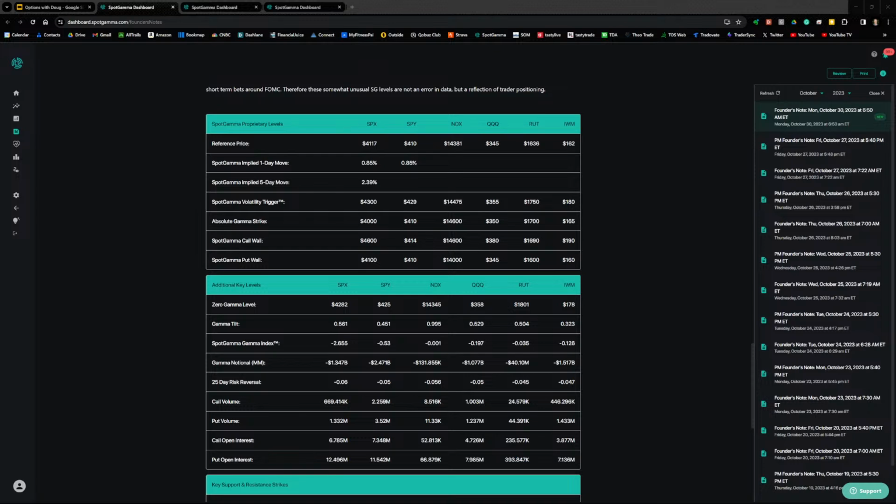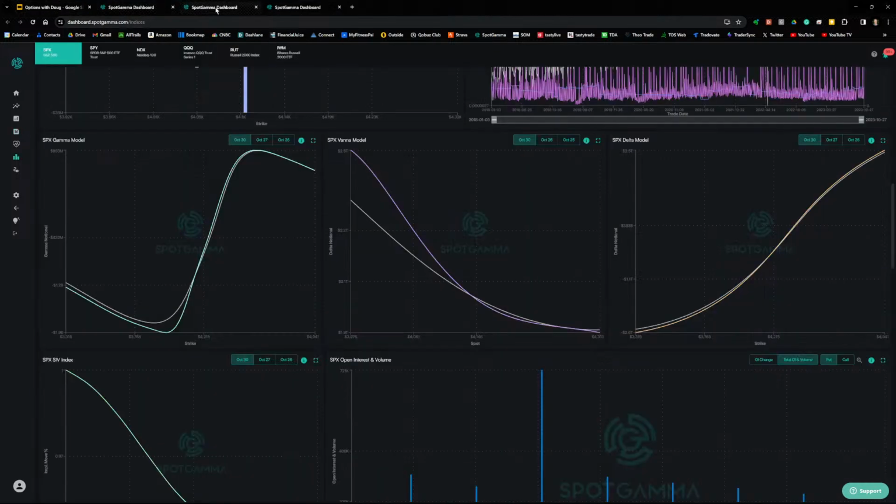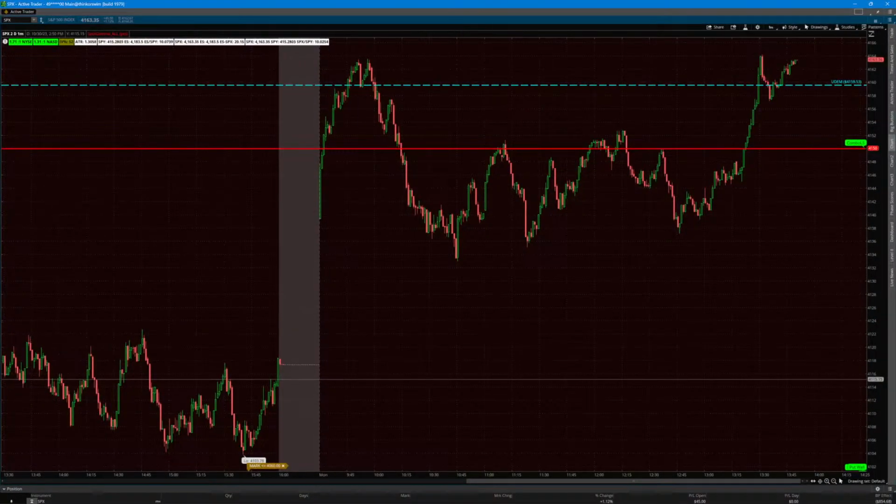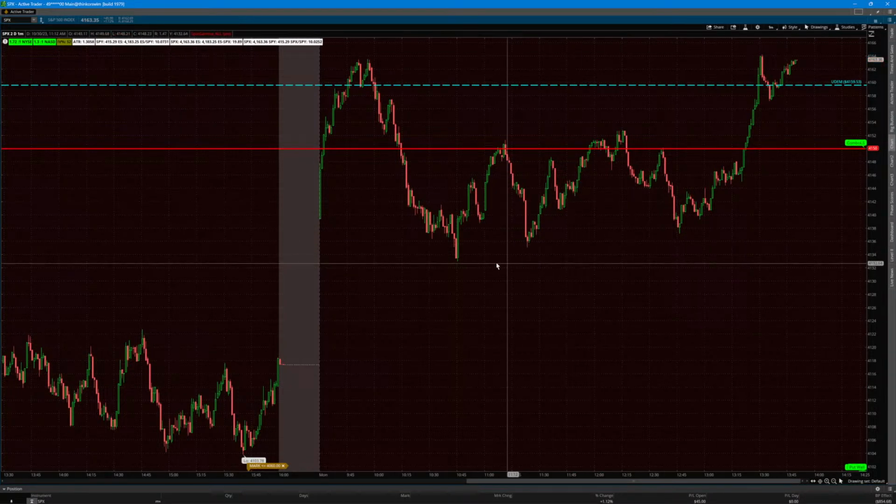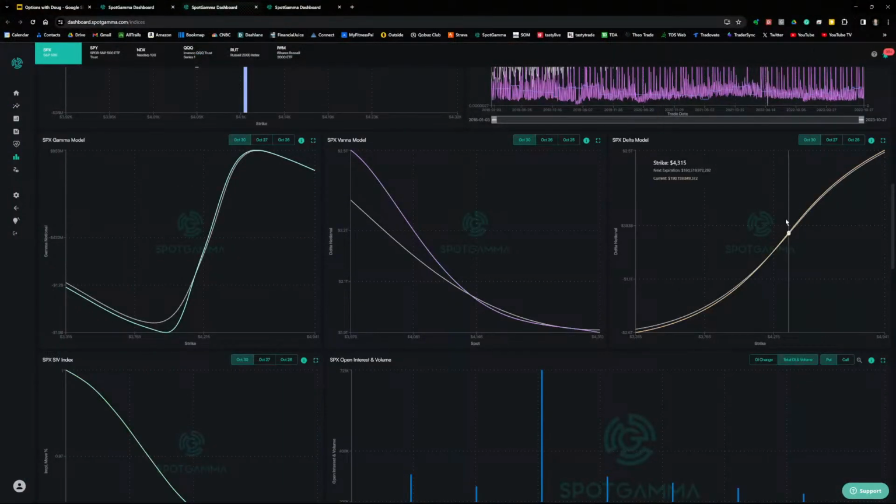All right, let's take a look at the Vanna model now, and we can get a graphical representation of what this means. Let me just check one thing here. So SPX low of the day was right around 4133. All right, let's go back to the Vanna model for SPX.